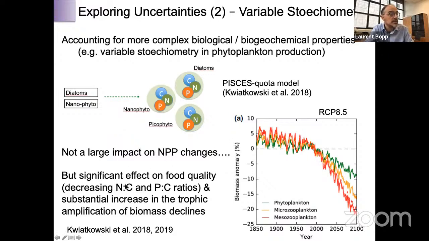But in fact, this has a large effect on what we call food quality, because the nitrogen to carbon or the phosphorus to carbon ratios decrease with climate change, and they decrease because the ocean is more N and P limited. And so these decreasing nutrient or food quality metrics may have some substantial effects on upper trophic levels and on the trophic amplification of biomass decline.